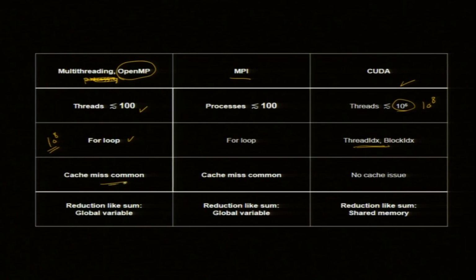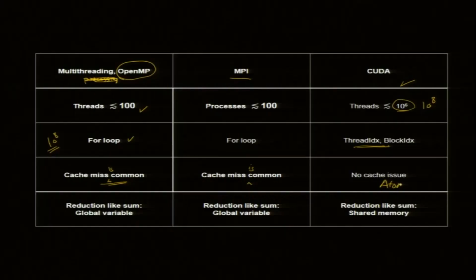So, cache miss is common, but in the examples, there was no cache issue except one time. False sharing is possible, which I did not discuss. Also, we need to use a lock. If the same data is being accessed by more threads, then we need to put a lock, atomic.